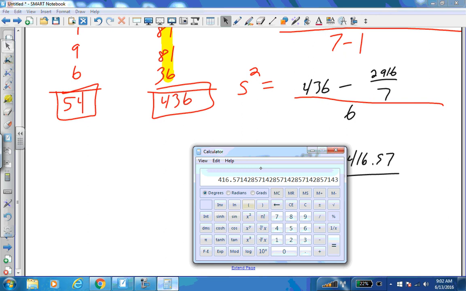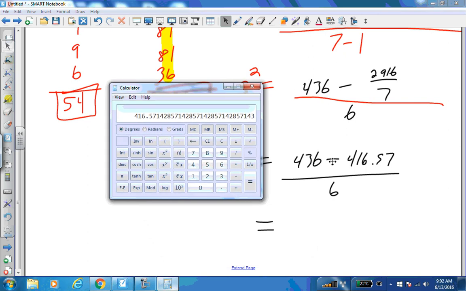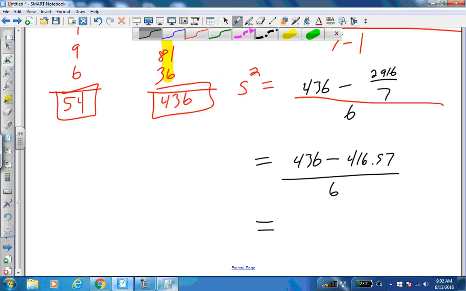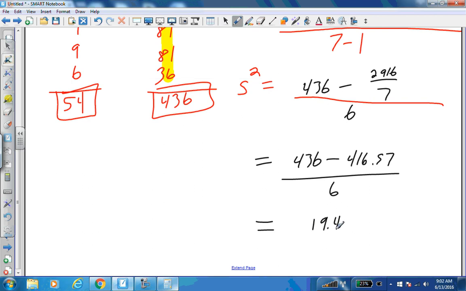Now I'm going to keep all of those decimals in my calculator, so that 416.57, that's negative, and then I'm going to combine that with a positive 436. So when I combine those, I get positive 19.42857. For writing it down, I'm just going to call that 19.43.